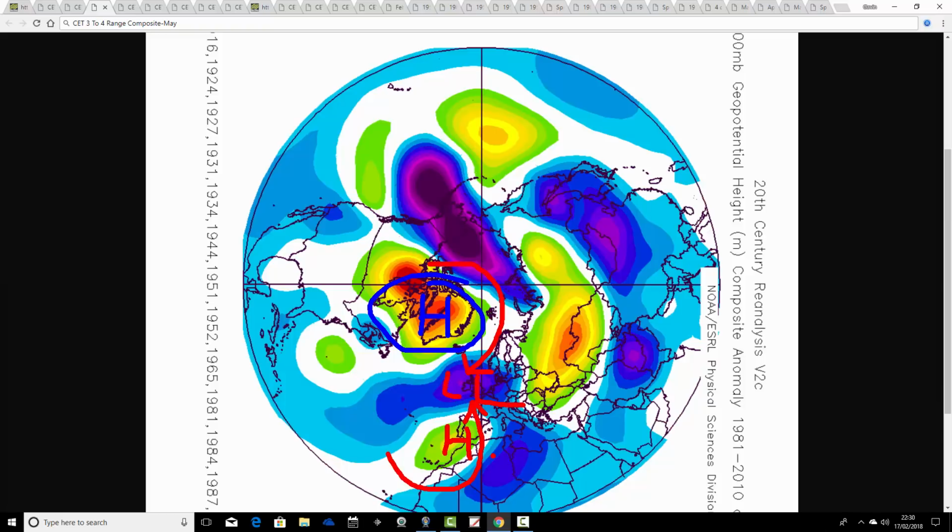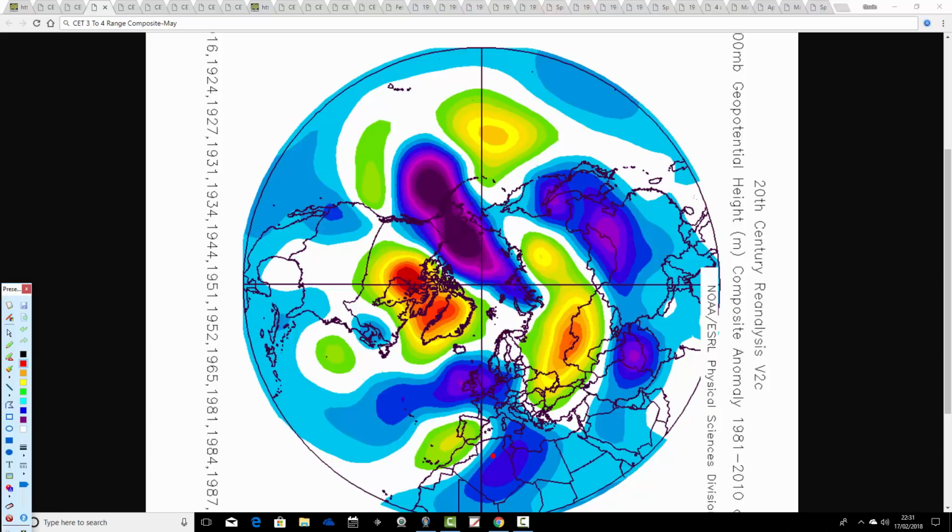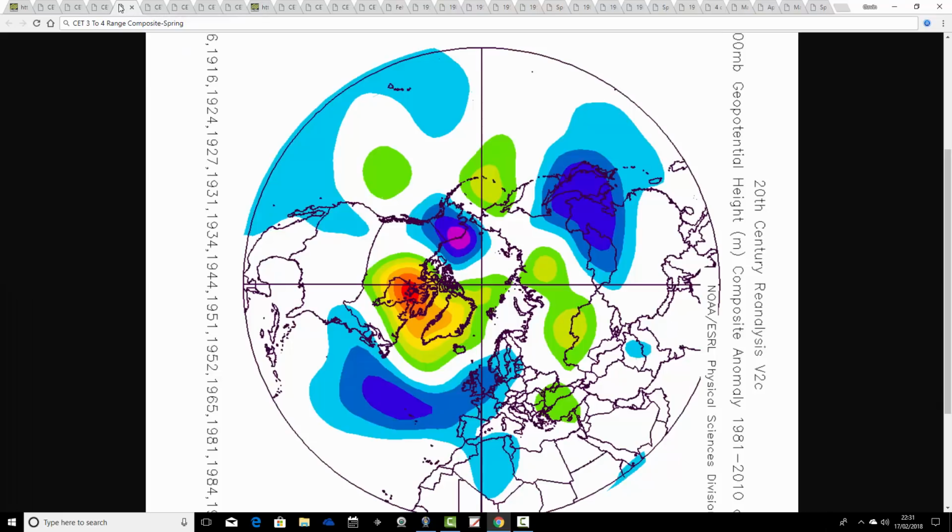But what we can say is that it is an unsettled signal for these Mays following slightly colder than average Februaries, really unsettled with a trough of low pressure parked over top of the country. So a fairly mixed bag really for the spring for these years that are following slightly colder than average Februaries.